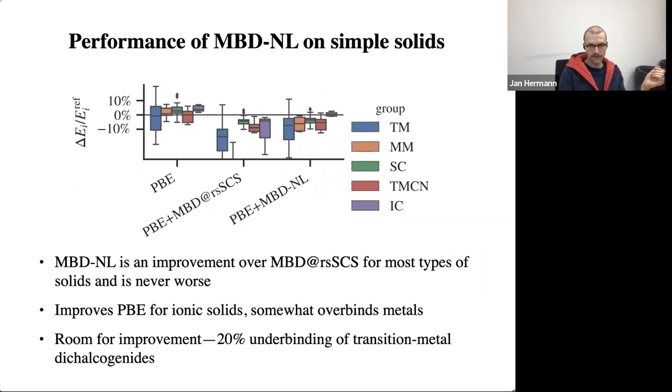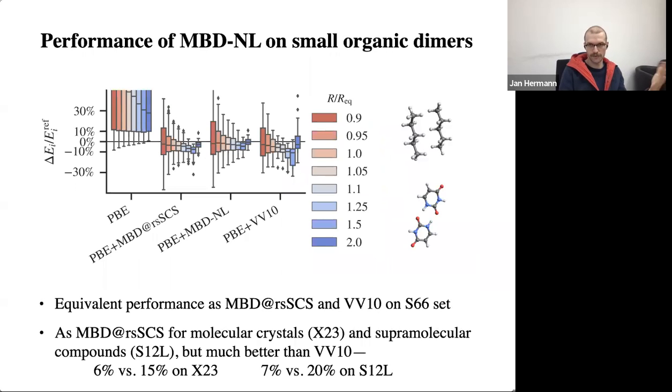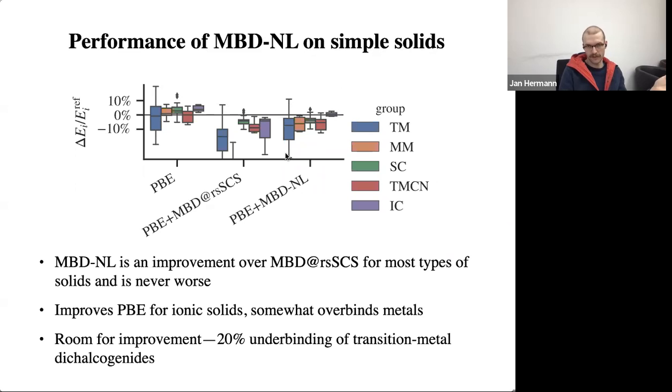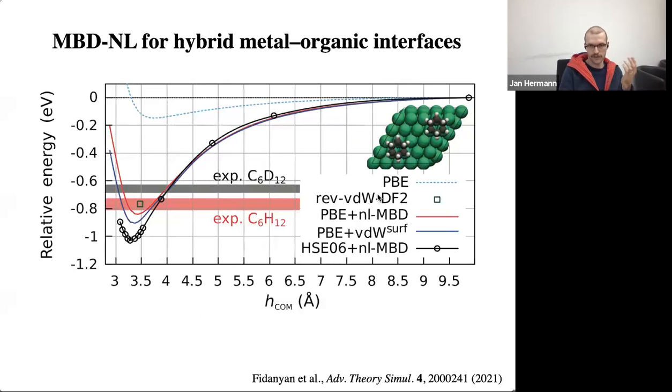And so now you can use this model for things like adsorption of an organic molecule on a metal surface, right? Because we know that organic molecules are described very well by this model. We know that we can describe metal without kind of disturbing the baseline performance of density functional theory. And so now we can do a hybrid model like this one here.